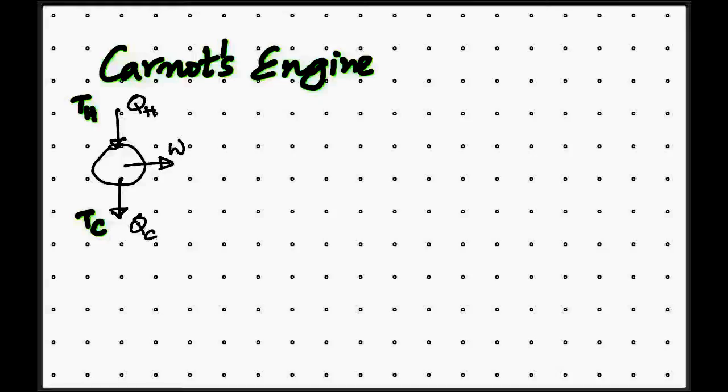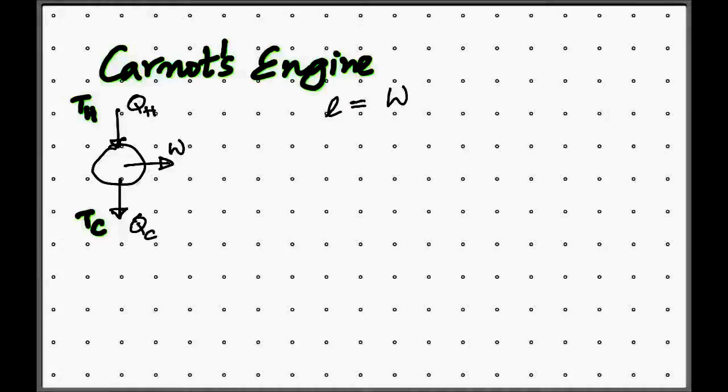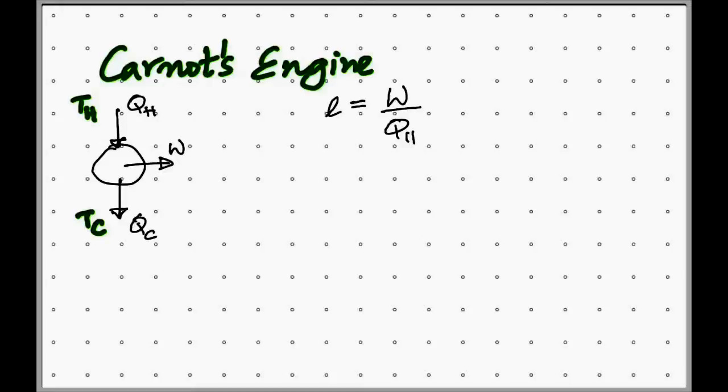What is the working substance, may I ask? Air. In Carnot's engine, it's an ideal gas. Air is the working substance in real engines, like gasoline and diesel. So the formula for efficiency is basically work over QH, because efficiency is output over input.